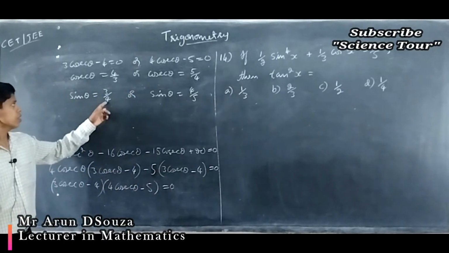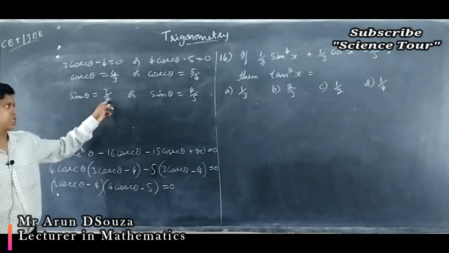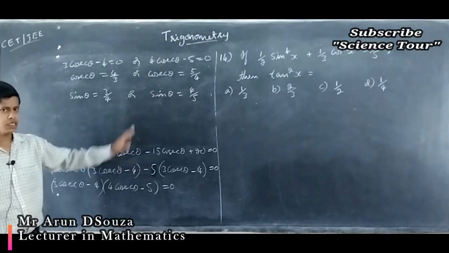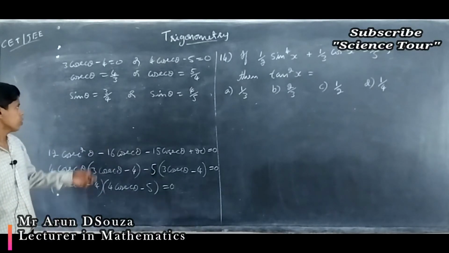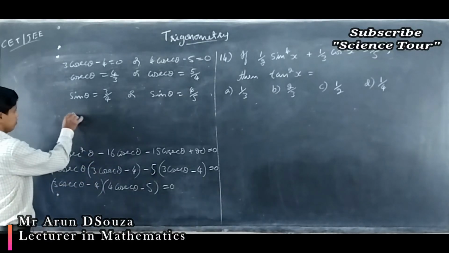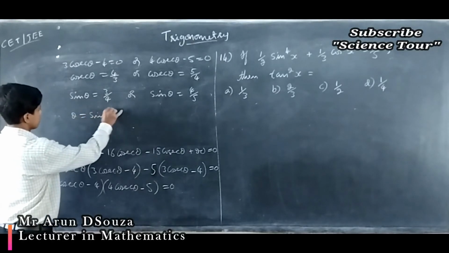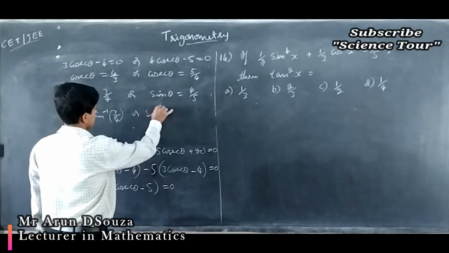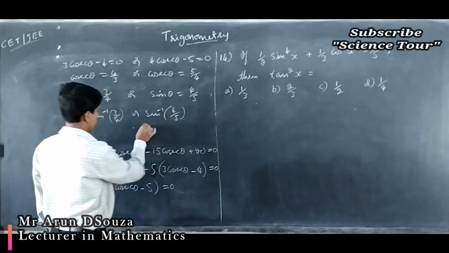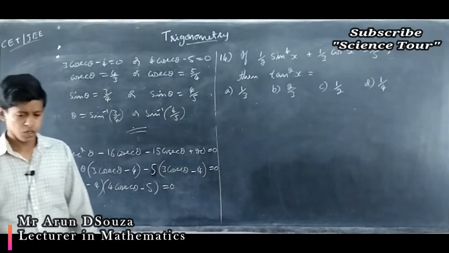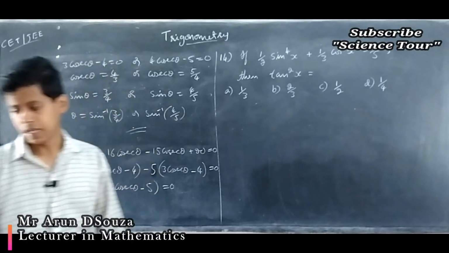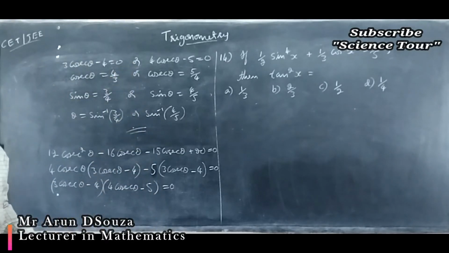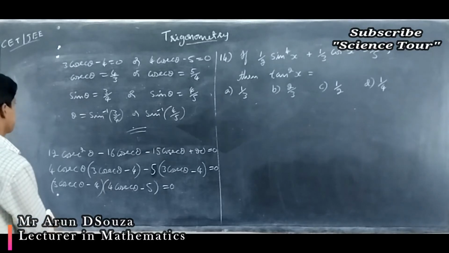So is it less than 1? Yes. And what about that 4 by 5? Yes, less than 1. So you have got two values of theta. So one value is sin inverse of 3 by 4 or sin inverse of 4 by 5. So these are the values of theta here. Well, let's move to the next question, question number 14.